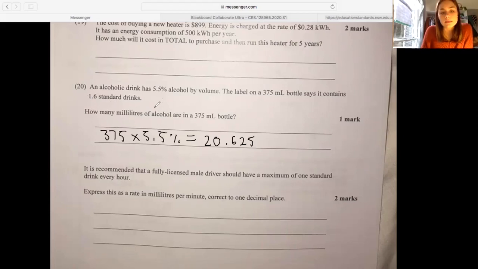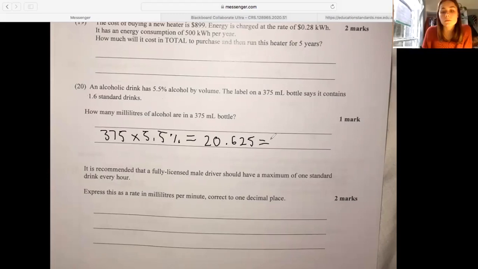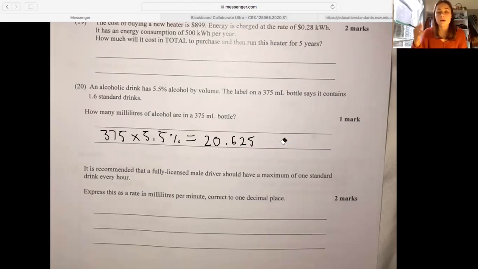So in this, there's 20.625. Did you get that? 20.625? Yep, I think that equals 1.6 standard drinks. I think it's easier for people to track themselves by saying I have one standard drink instead of saying I have 20.3 milliliters of alcohol.